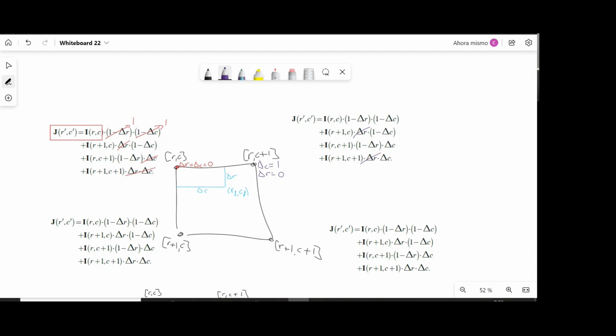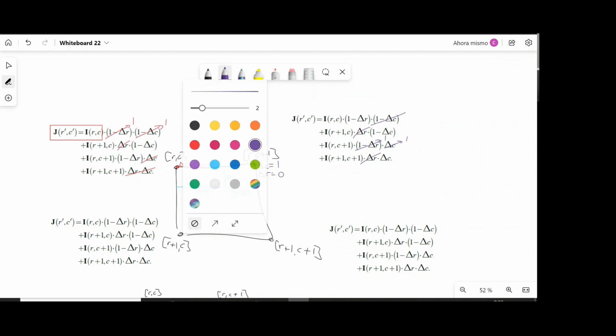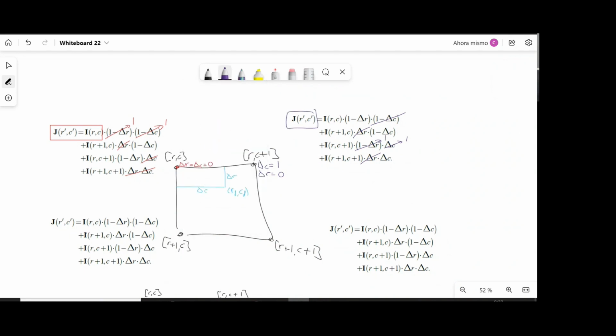Okay, now we have delta C equal 1. So delta C equal 1 means that 1 minus delta C is 0. So this one also goes. And then these two, this is 1, this is 1. So this pixel here is this one, as it should again.